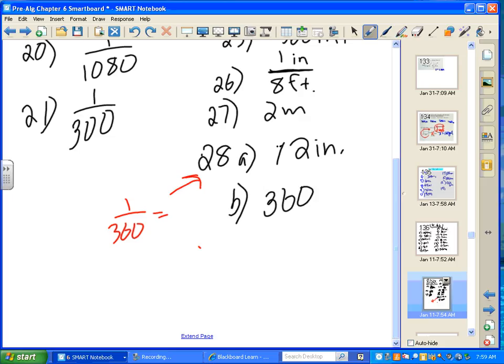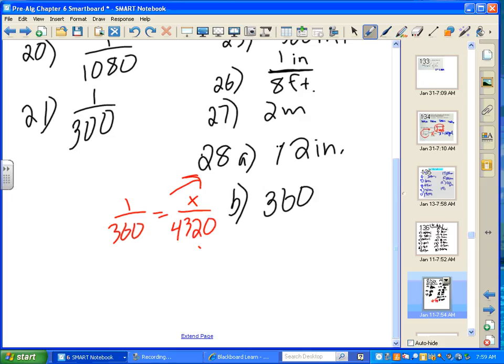Nope. 4,000 something. 120 yards is how many inches? 120 yards is how many inches? Charles, what'd you get? 4,320. Raise your hand if you guys had that or knew that.